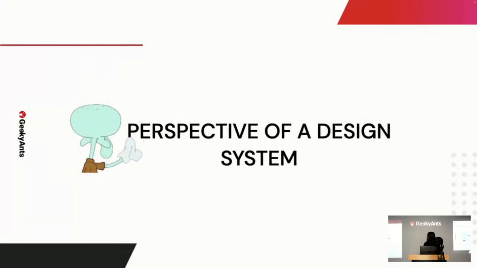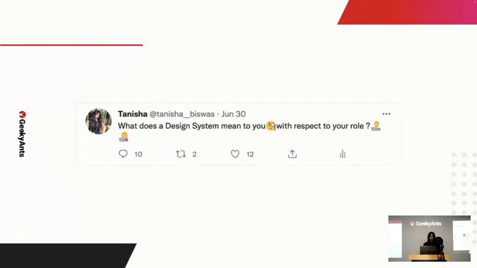Now that we have a little fresh perspective of design systems, let's try to wrap up this presentation by defining a design system in a more inclusive way. So one thing I understood about design systems is that calling a design system complex is rather an understatement. This is something that I tweeted a few days back, to understand what people think about design systems based on their roles.